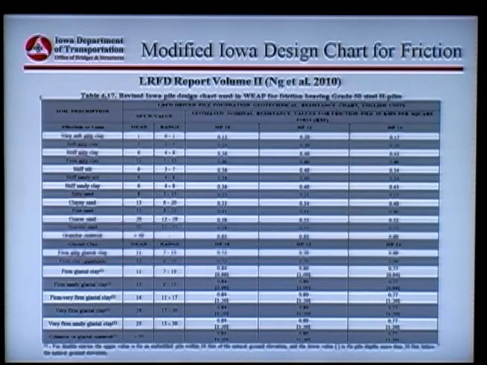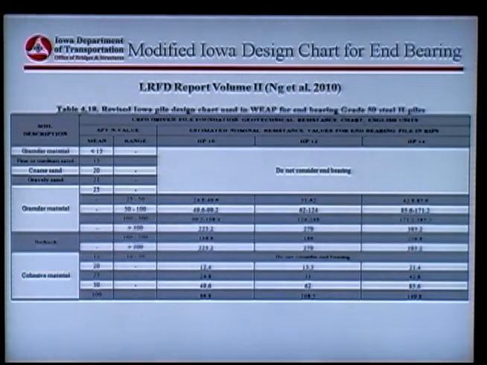In the design chart, we have the unit in kip per foot, because the WEAP is set up in a way that we require the input as kip per square foot. So I converted those numbers in the design chart into this table that allows you to directly apply it into the WEAP. Right? Refer to Table 4.17 for the friction component, as well as Table 4.18 for the end bearing.